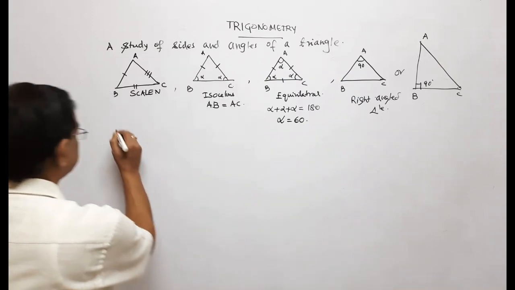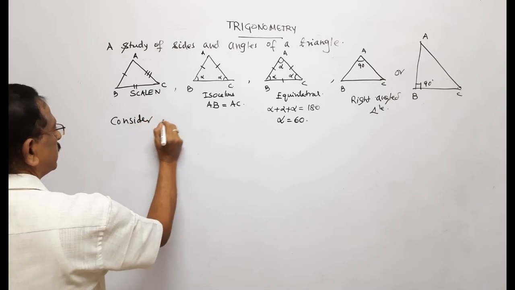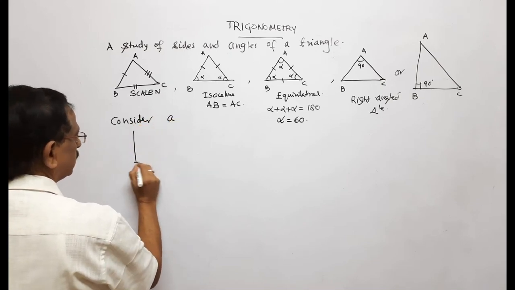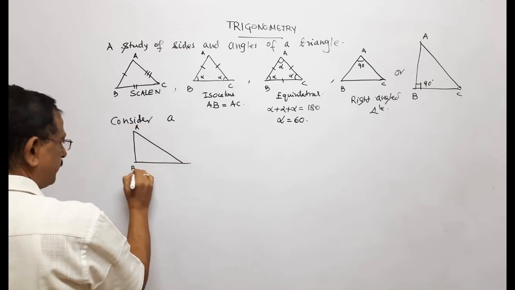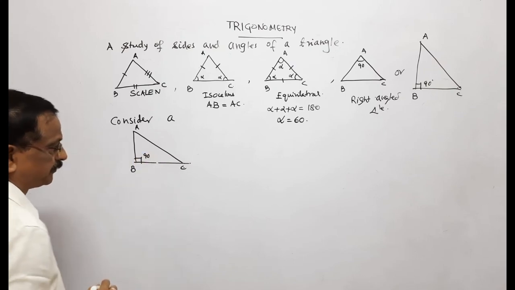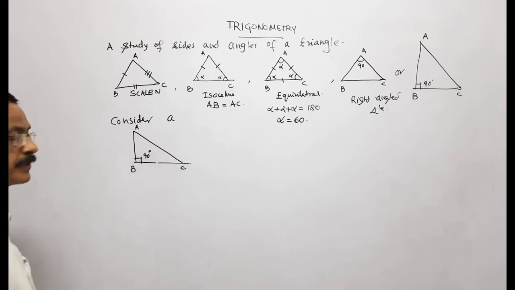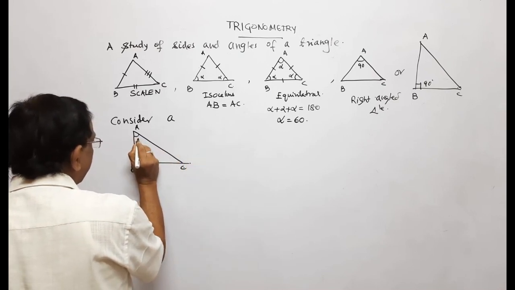So let us consider a right angled triangle. I'll call this ABC, 90 degrees at B. And I'll call this angle theta.